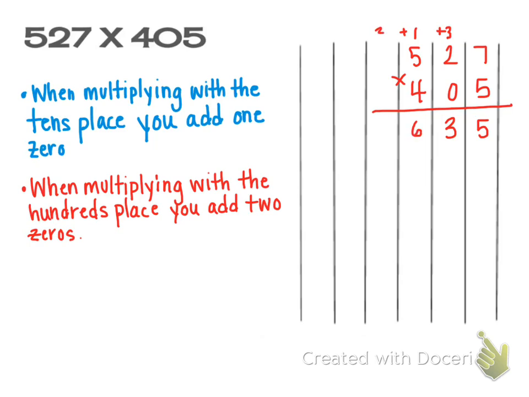The 2 would carry to the next place value, but there's no number there to multiply, so that 2 can come straight down. I am going to cross off everything I don't need now.